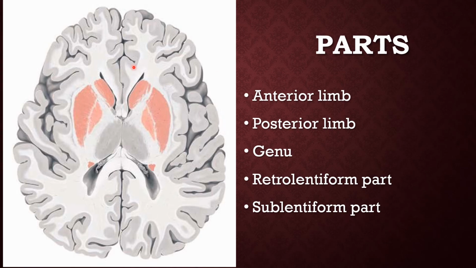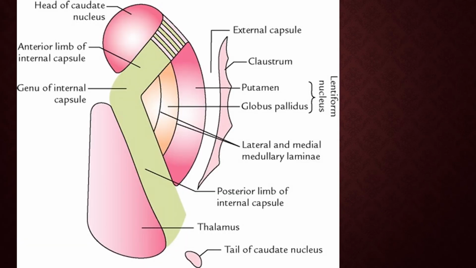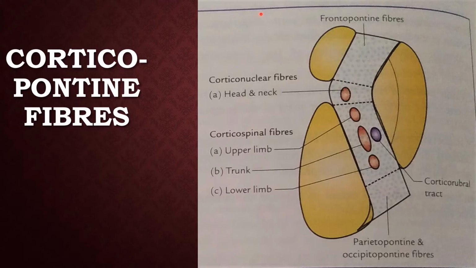The parts of the internal capsule are the anterior limb, genu, and the posterior limb. Other parts are retrolentiform, meaning behind the lentiform nucleus, and sublentiform, below the lentiform nucleus. So it is also another image of the internal capsule. The fibers which are present in the internal capsule are the corticopontine fibers.